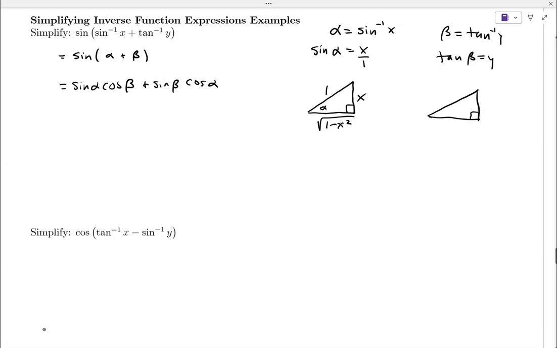Do the same thing for beta. What sides can you label for beta? Opposite will be y, and the adjacent will be 1. Good. I can think of that as y over 1, so we have an opposite over adjacent.